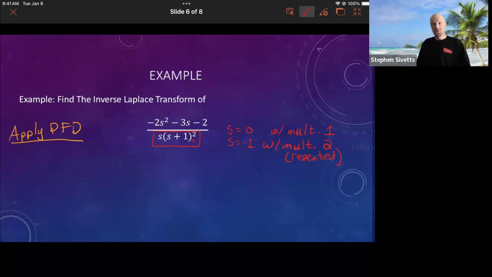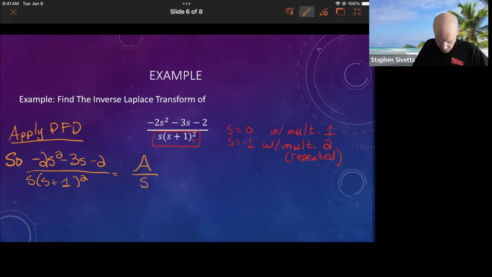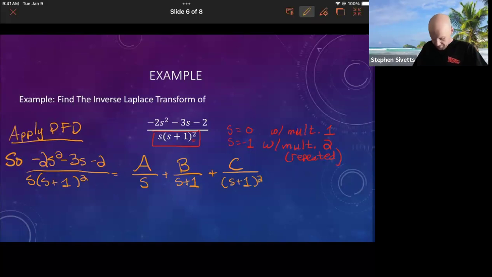linear factor. So the partial fractions decomposition in this case will be: negative 2s squared minus 3s minus 2 over s times s plus 1 squared equals a over s, that takes into account the s equals 0 root, plus b over s plus 1, that takes into account the first time that s plus 1 appears, plus c over s plus 1 squared.